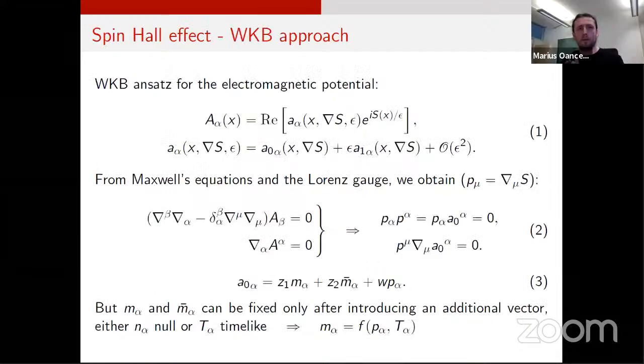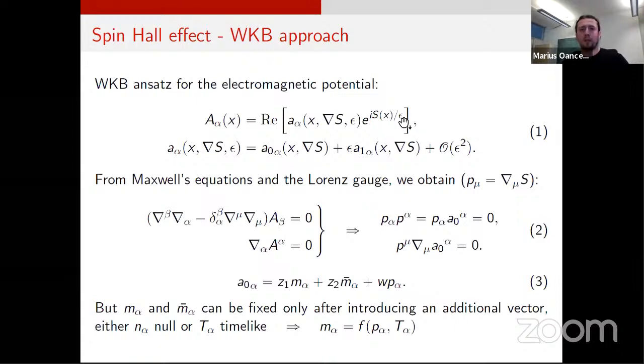Okay, so now let me continue and give you a brief summary of how we derived the equations of motion describing the spin Hall effect. So our approach is based on the WKB approximation. So we start with the WKB ansatz for the electromagnetic potential as shown here in equation 1, where we have the WKB expansion parameter epsilon.